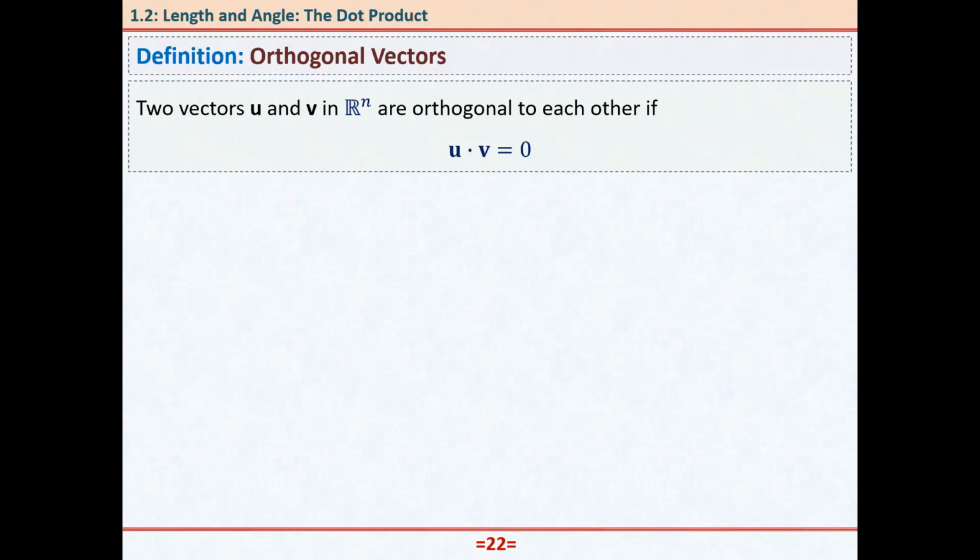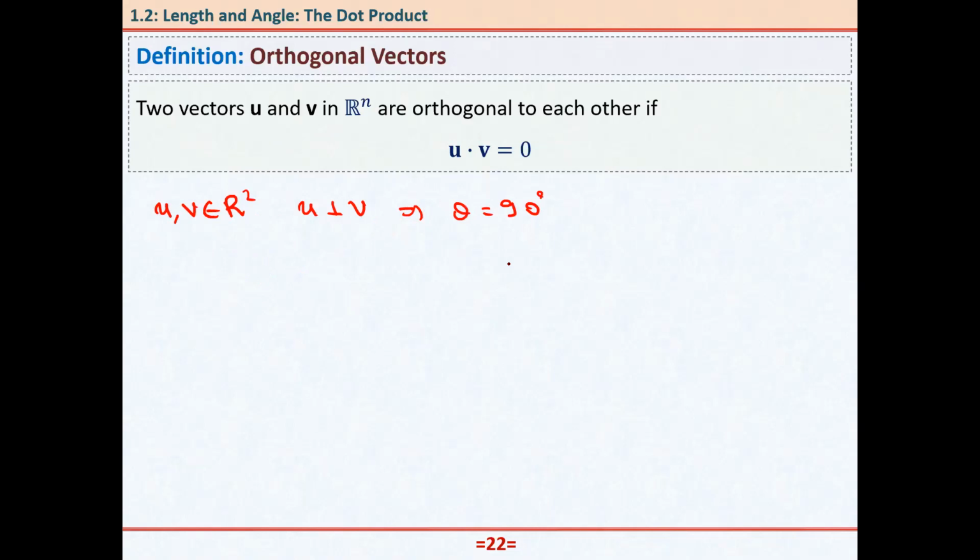Okay, and also in two-dimensional or three-dimensional space, we can prove this, right? Why? Because if you're given two vectors in two-dimensional space, and if they are orthogonal, what does it mean? If U is orthogonal to V, that means the angle between these two vectors, let's say theta, must be equal to 90 degrees.